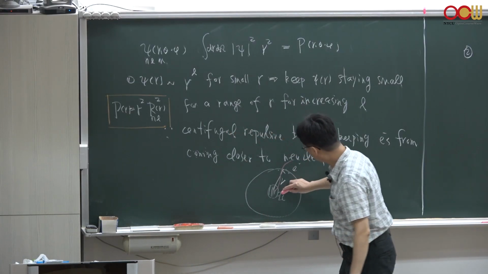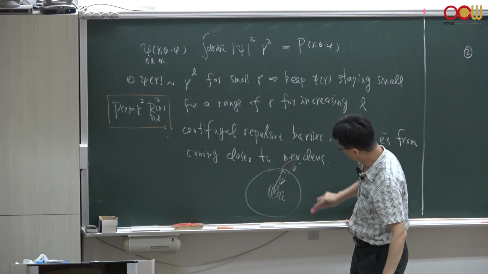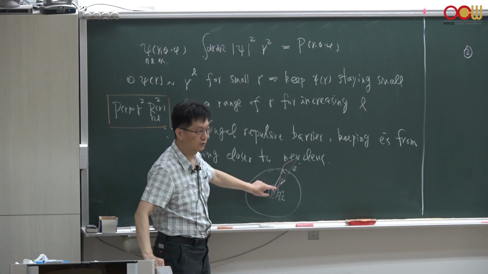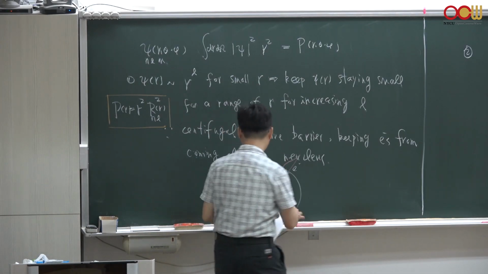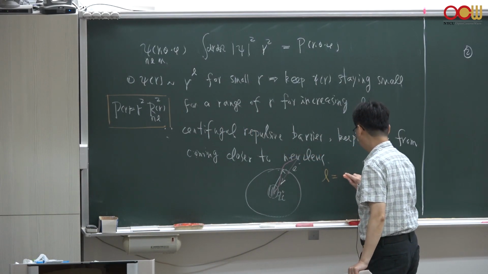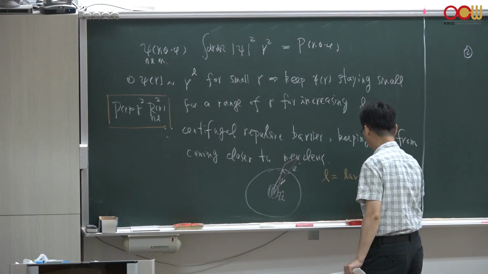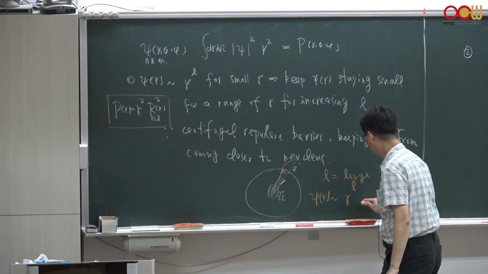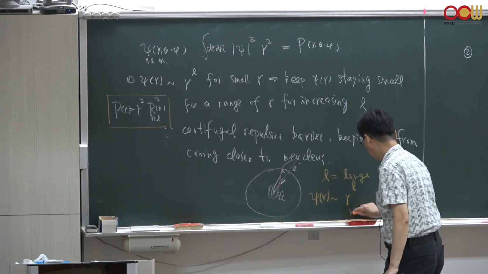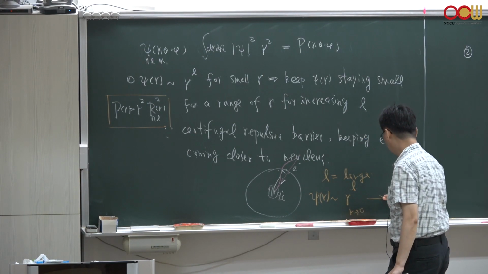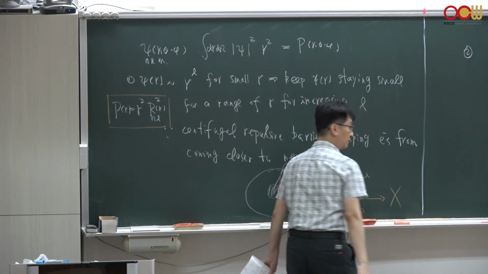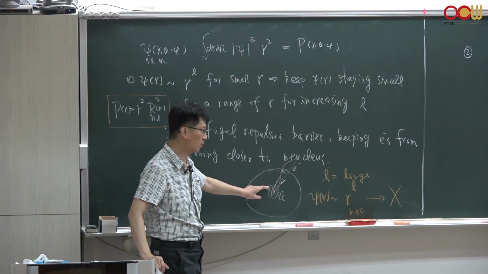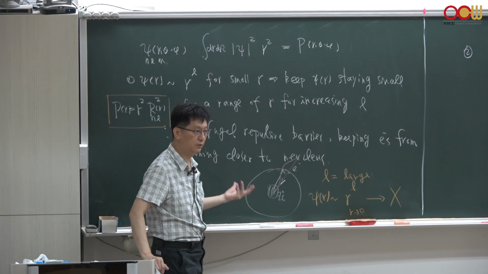The probability is almost zero when r is very small. So psi of r is proportional to r to the power of L when r is small, which means you don't have a chance to find the electron very close to the nuclear core if you have a very large orbital angular momentum.